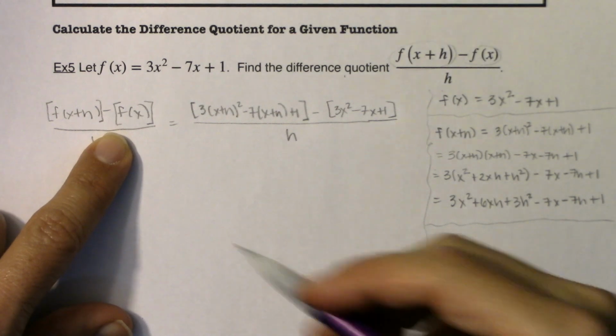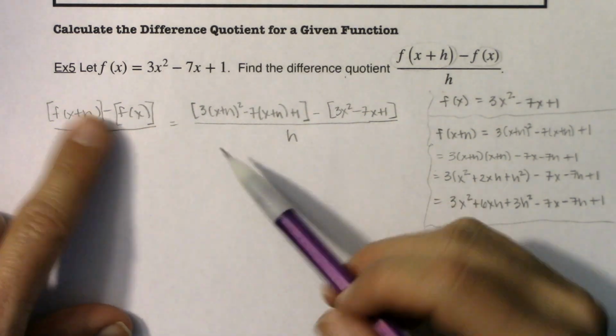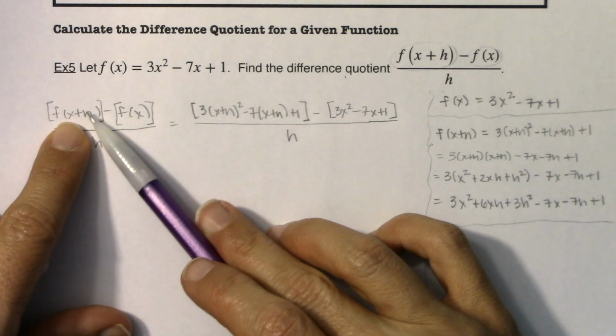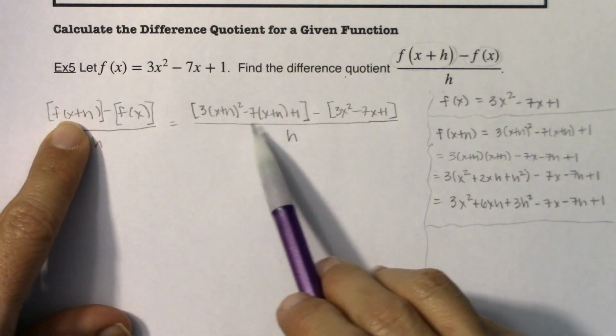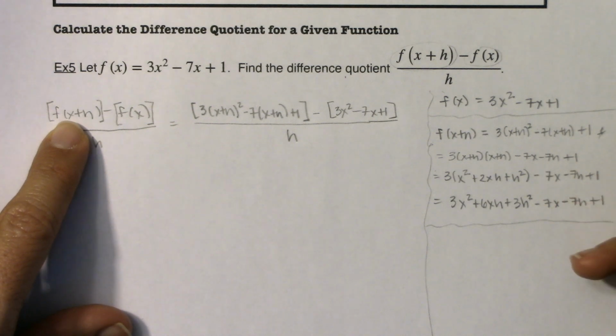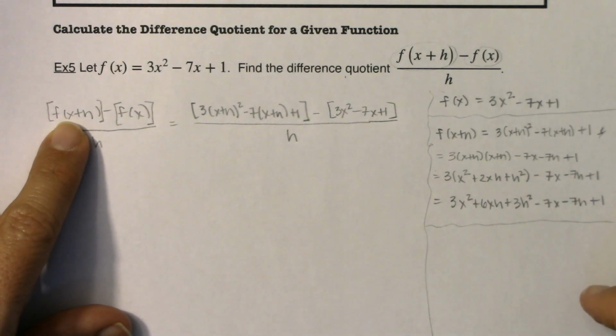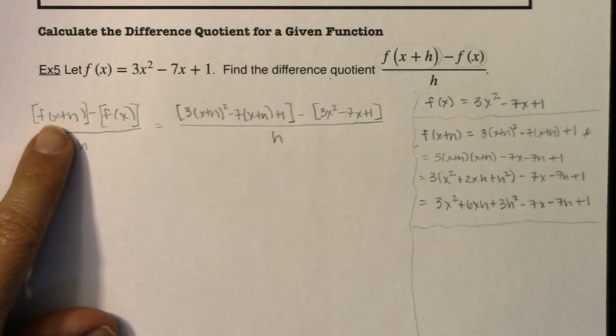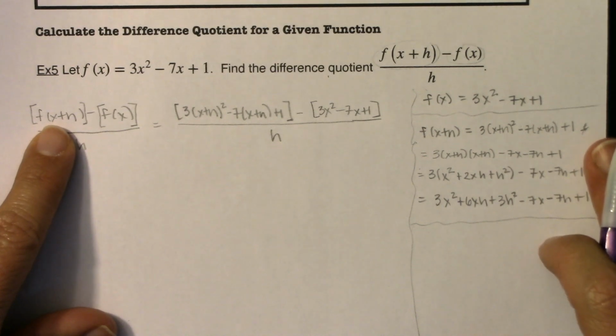So let me try and clear this up. For this particular problem, f of x plus h was this whole string of things. I basically substituted this line here. I'm not sure if you can see, so let me scooch this just a little bit to my left so you can see the end of this paper here.